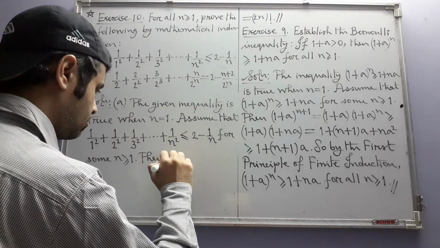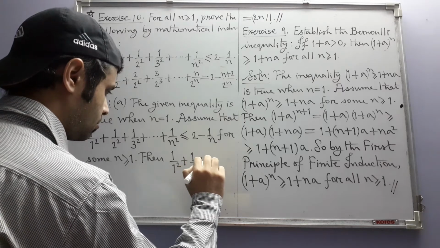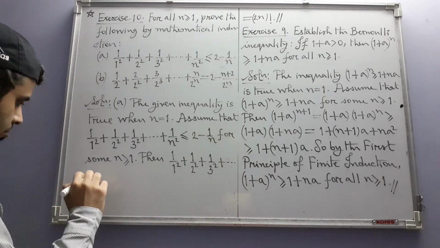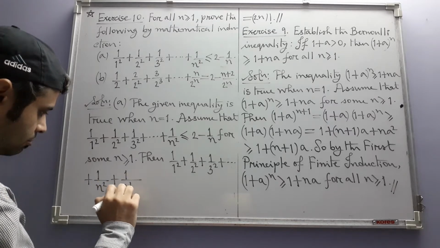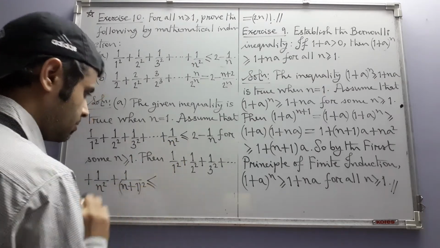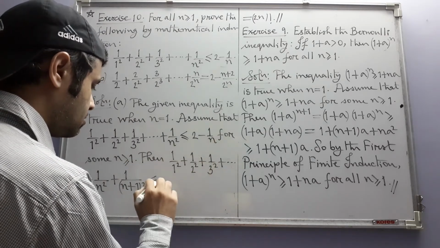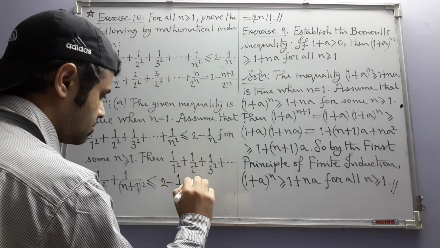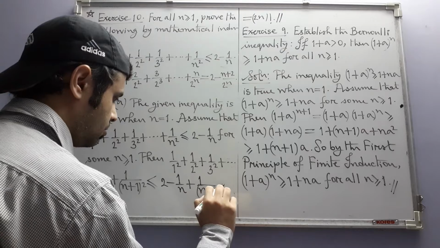Then use the induction hypothesis to replace the first part of the sum except the last term by this, and bringing in an inequality, 2 minus 1 by n plus 1 by n plus 1 whole square.